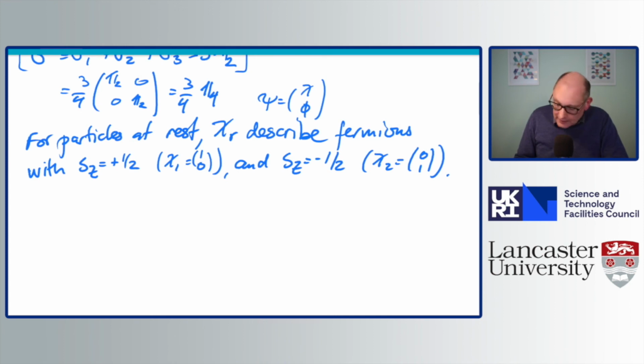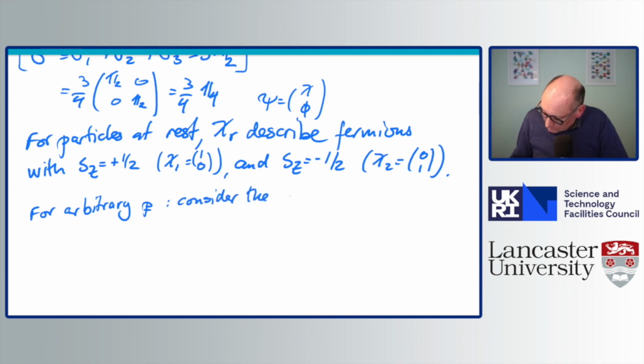Now, in the case of an arbitrary momentum P, it becomes interesting to consider the projection of the spin operator along the direction of the motion of the particle instead of considering along the z-axis. We consider it along the axis of the direction of motion of the particle.